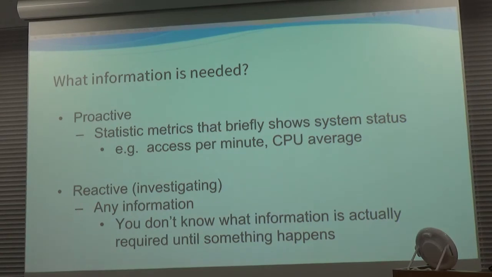So we want to see statistic metrics that briefly show what the system is like right now. Like, how much access do we have right now per minute? Or what is the CPU average for the servers? That's a cattle and pets thing.